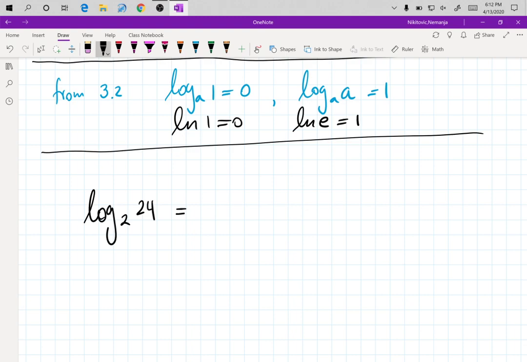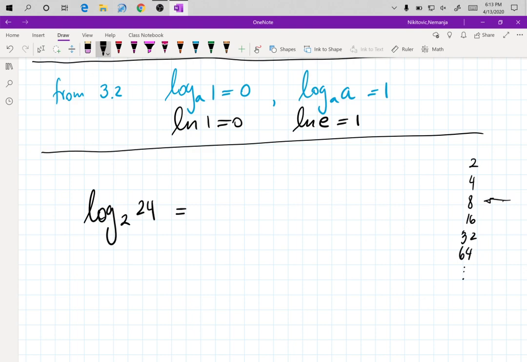Well, I'm trying to see which power of 2 would divide 24. What are the powers of 2? 2, 4, 8, 16, 32, 64. Right, so what's the highest one that divides 24?